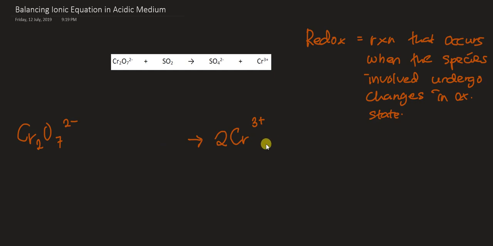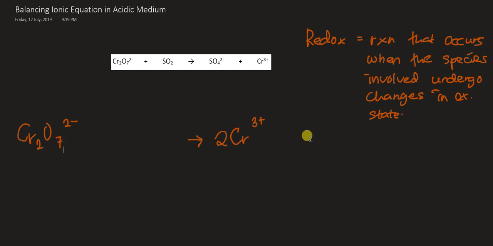What we do next, we balance the oxygen atoms. On the left hand side we have 7, on the right hand side we have none. So we have to add water molecules, and the amount of water molecules that we have to add depends on how many oxygens there are.